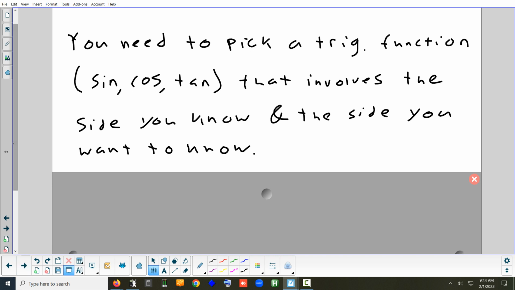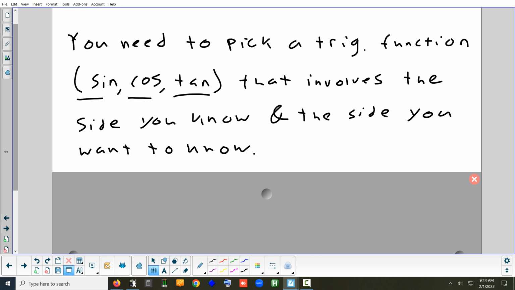So we have to pick one of those 3. How do we know which one to pick? Well, it depends on your problem. You're going to look at the triangle, and you're going to look at what's the information that I was given. What's the information I need to find? Let's say you were given the opposite side, and you're trying to figure out the hypotenuse. So now you need to think in your head, okay, I know the opposite side.